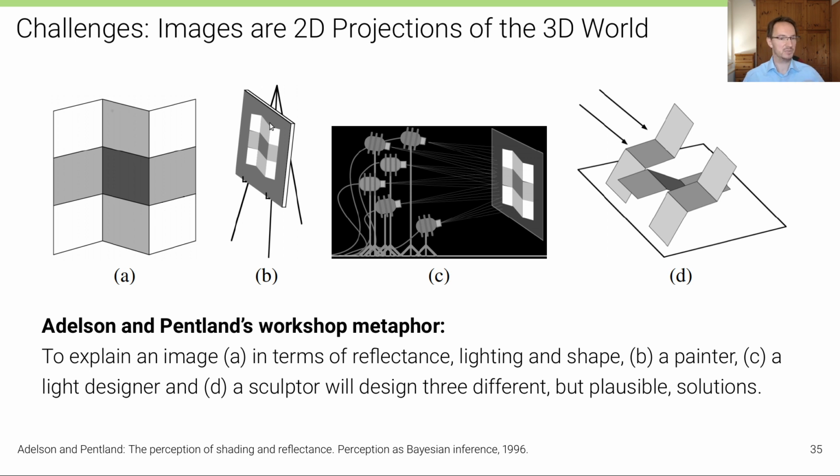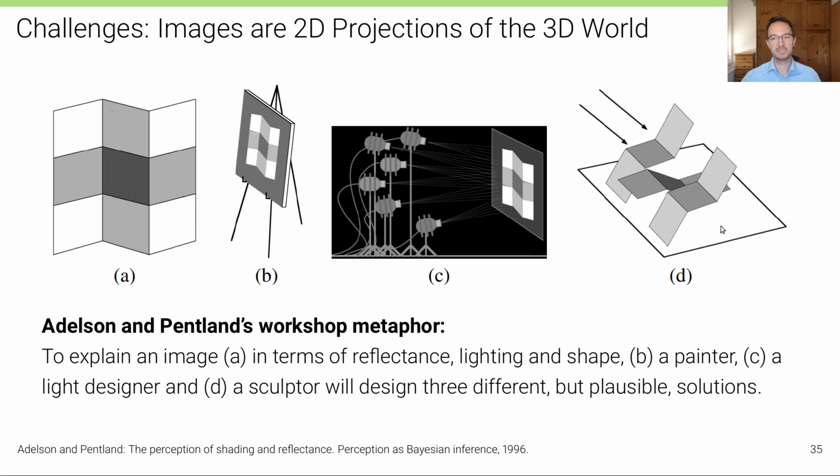A painter might just paint that image as it is in 2D. A light designer might create a set of light sources that project light onto a wall such that the image appears with exactly those contours and shading, but it's actually a white wall.